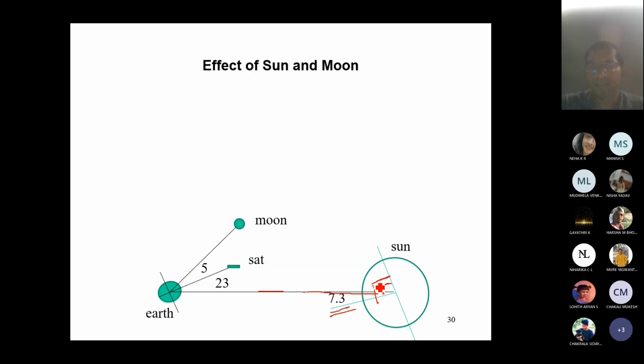Rather, this angle is 90°. But this angle, from the plane of Earth's orbit to the axis of the sun, is not 90°. So how much is this angle? 90° minus 7.3, so it will come as 82.7°.